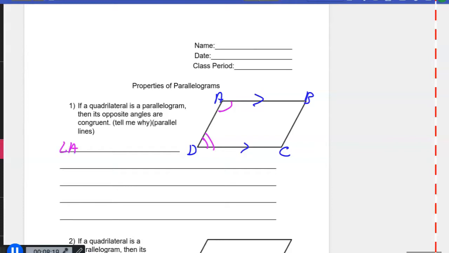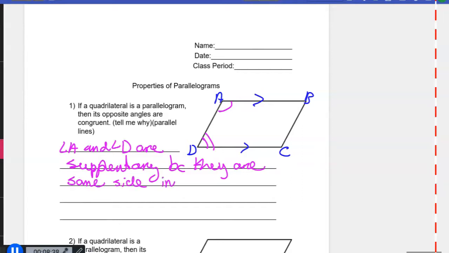Okay, so angle A and angle D are supplementary because they are same side interiors. Now, I've got the same thing happening if I go another direction.